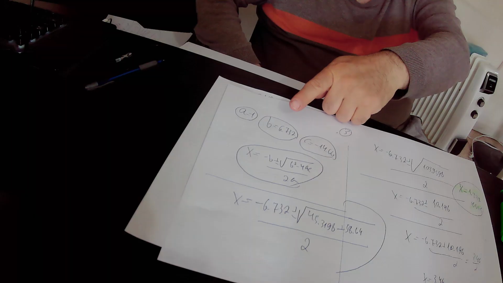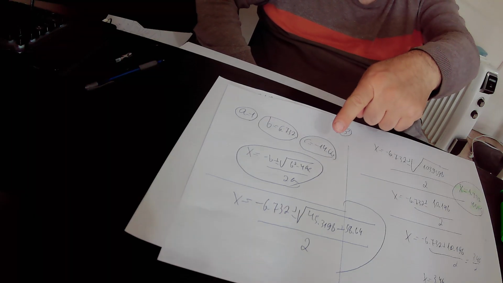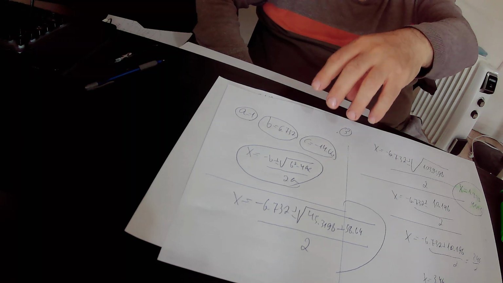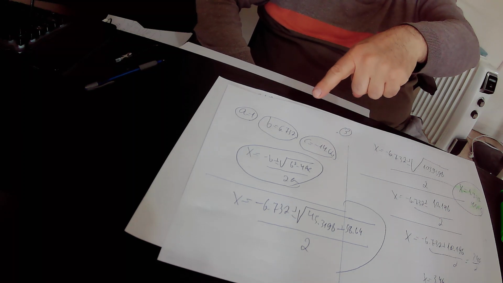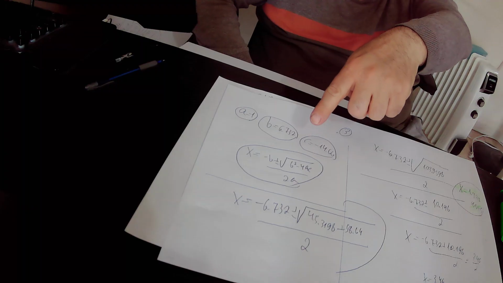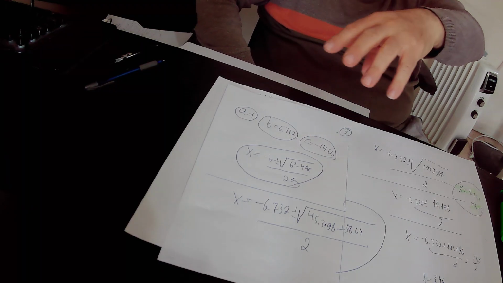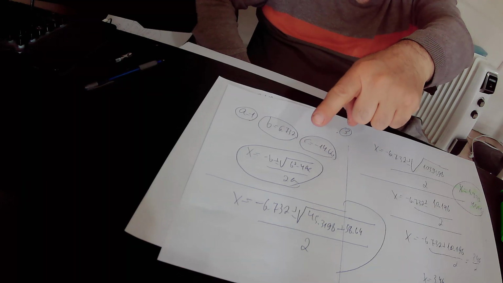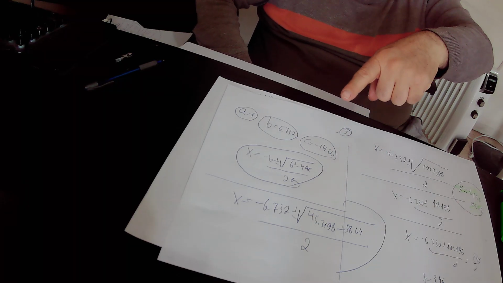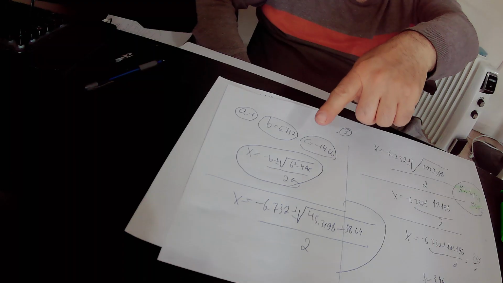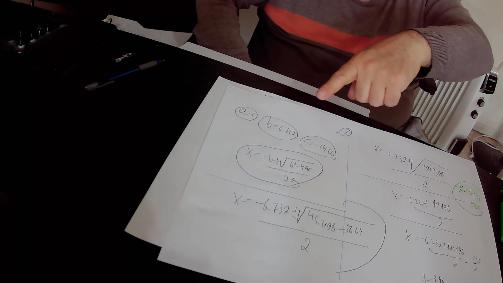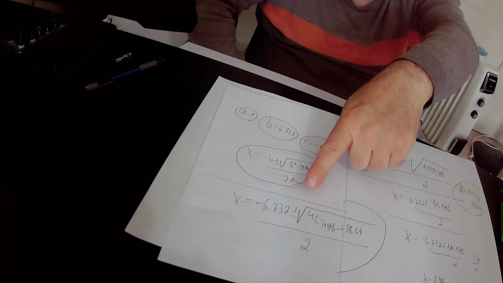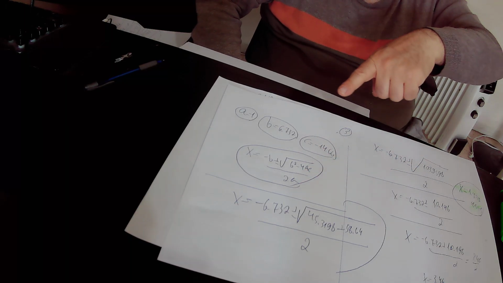According to the general formula, x equals minus b plus or minus the square root of b squared minus 4ac over 2a. So we put our data inside this formula. B is 6.732, therefore minus b is minus 6.732, plus or minus the square root of b squared.